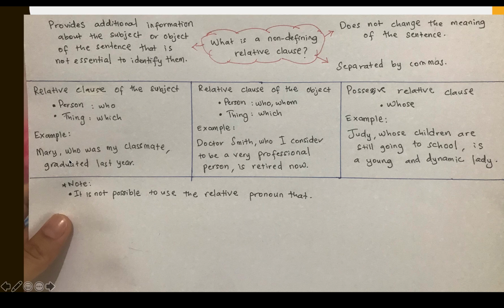If you change who to that, Mary, that was my classmate, graduated last year, the meaning of the sentence would be completely changed. So that is why it is impossible to use the relative pronoun that. The meaning has changed if you use that.